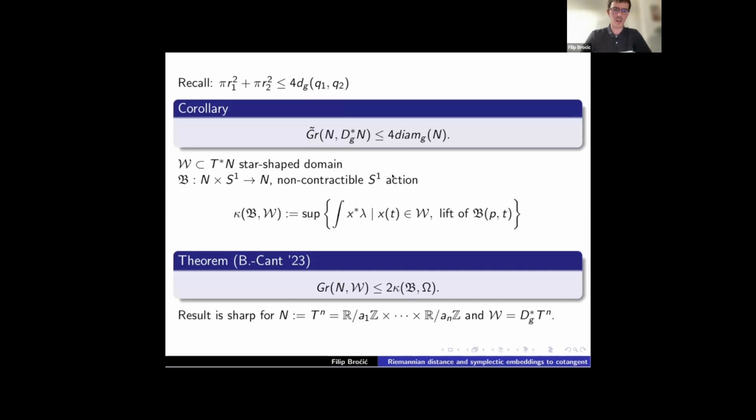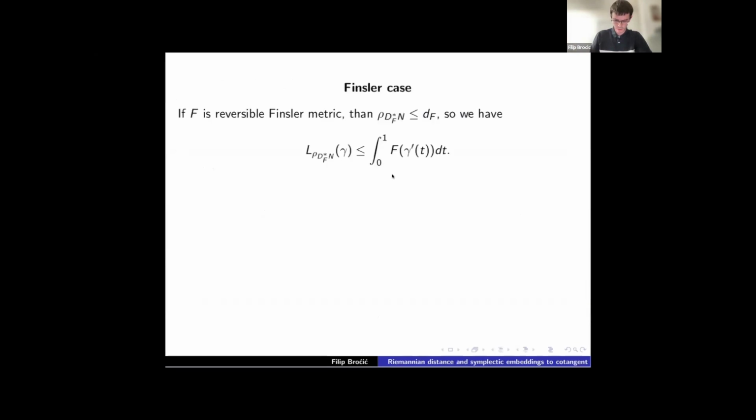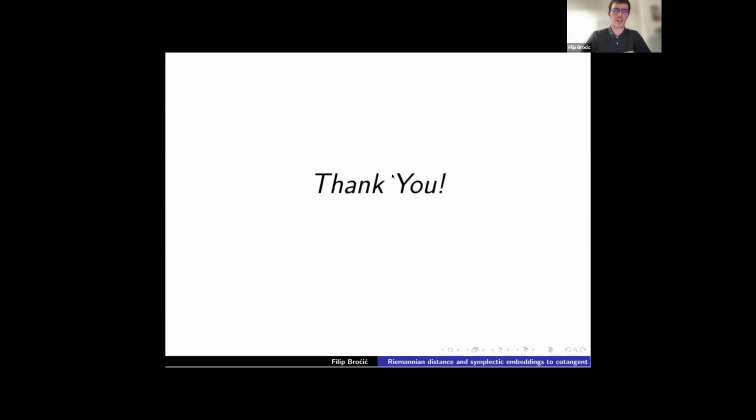It's essentially the largest action over some non-contractible loop. And this result we had is sharp for flat tori, when we consider our open neighborhood to be the unit disk cotangent bundle over a torus with the flat metric. So I will stop here and thank you for listening.